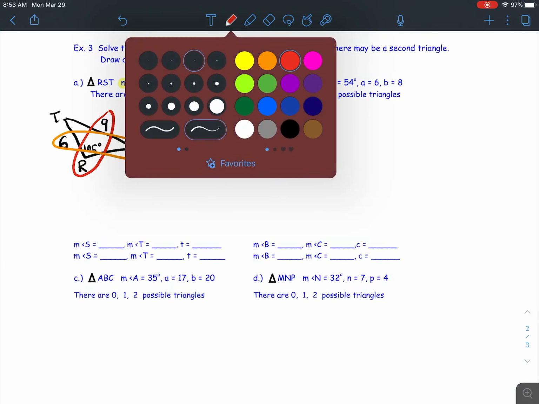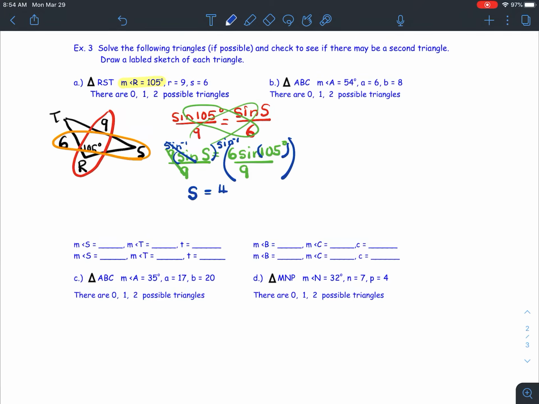Make sure you close up the parentheses on the other side of the 105, then divide by 9. This is going to give you that angle S is, rounded to the nearest degree, 40 degrees. So I'm going to put 40 degrees on my blank here for angle S. I also want you to add that to the picture, 40 degrees.